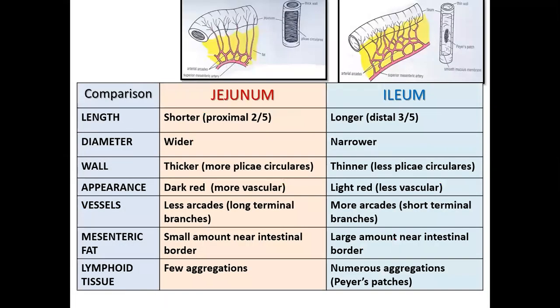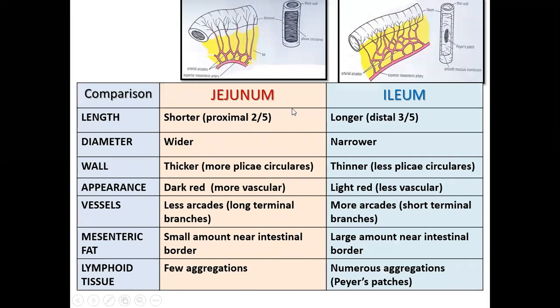Now coming to some of the important differences between the jejunum and the ileum. How do you differentiate these two parts? If you see the length, the jejunum is shorter compared to the ileum. The jejunum is 2/5, and the ileum is 3/5.